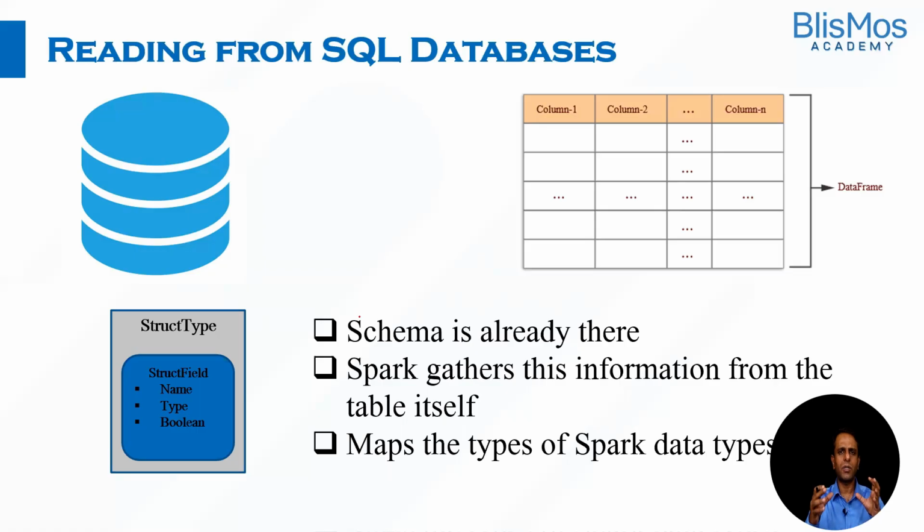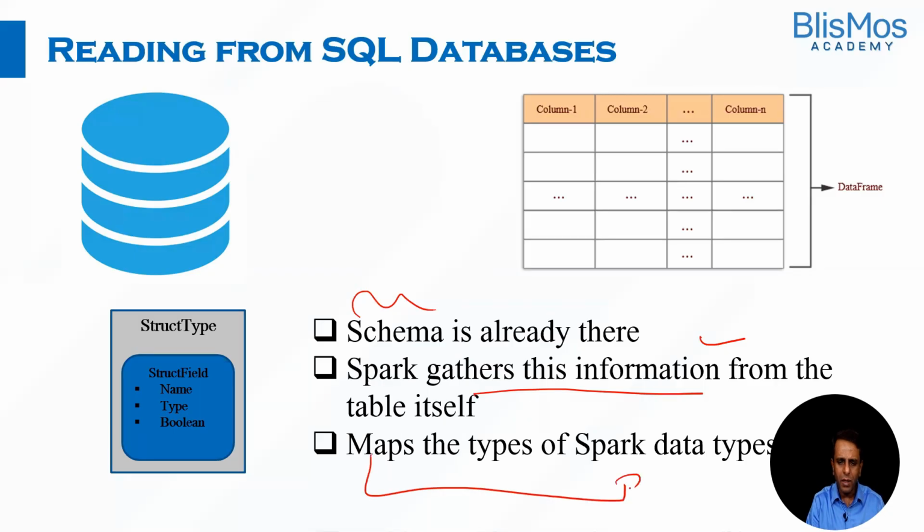Now that databases have schema already, what Spark does is it gathers information about the schema from the table itself, and after that it maps that to the Spark data types. That is also one of the important aspects. You need not really worry about defining the schema when you are trying to create the data frame by reading the data from a database.